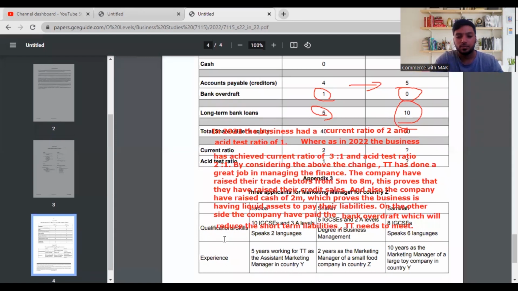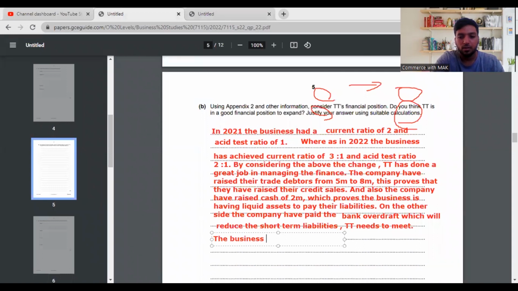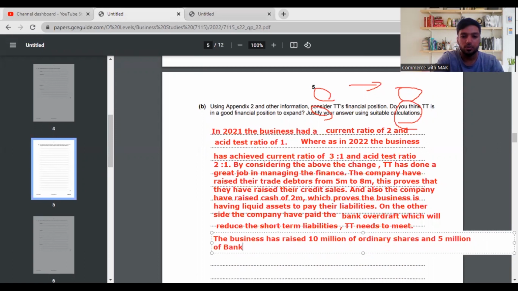The business has raised 10 million of ordinary shares, and we can also say 5 million of bank loan.